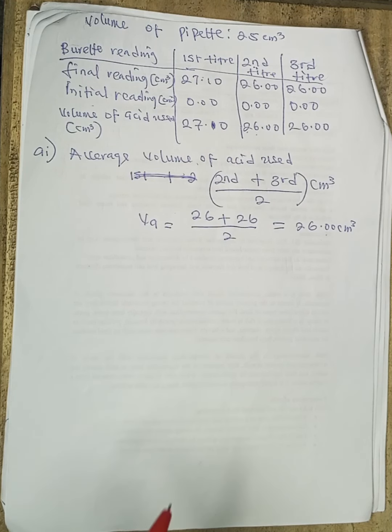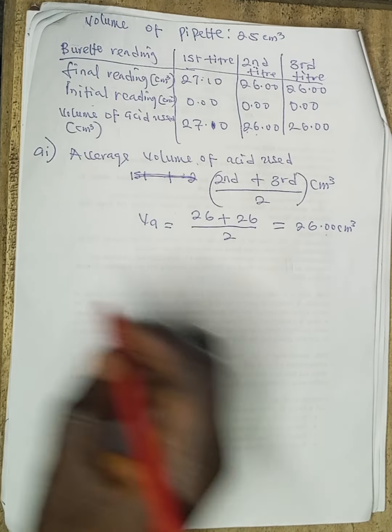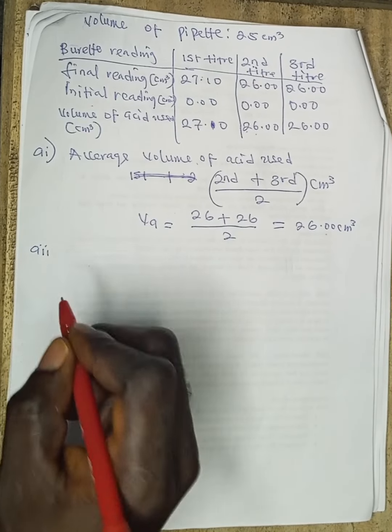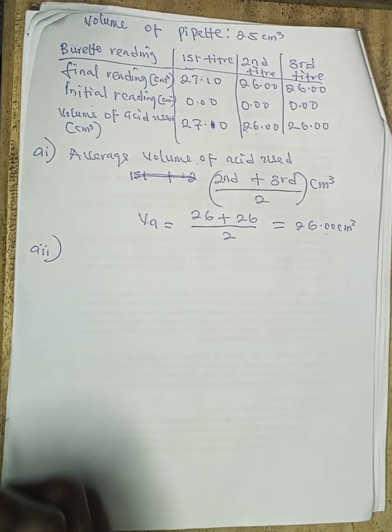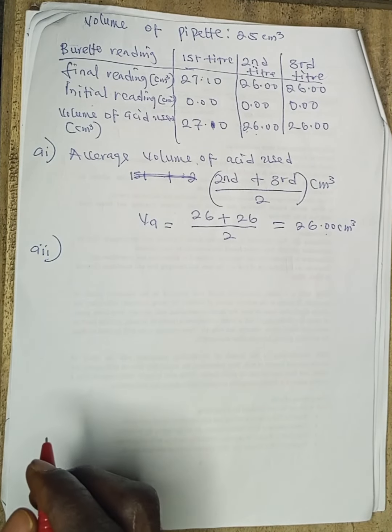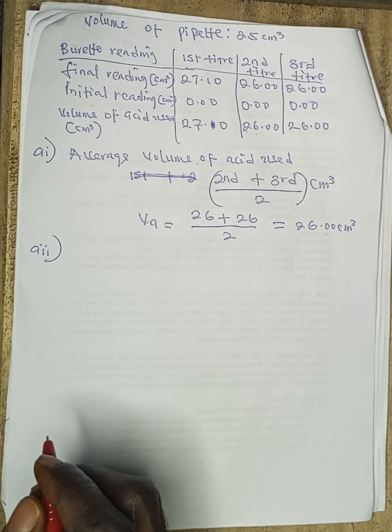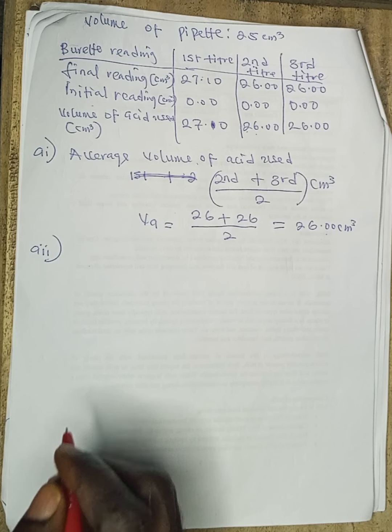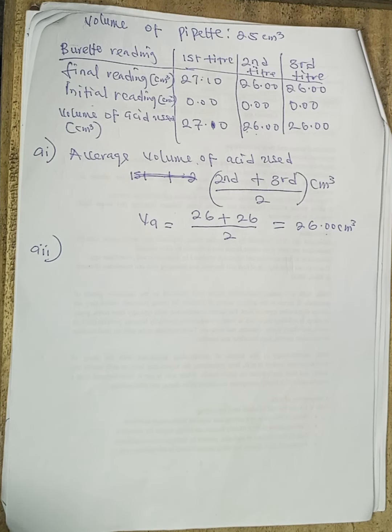The next thing you are asked is question AII. Under question AII, you are asked to state the pH of solution A before titration, the pH of solution B before titration, and the pH of solution at the end point. What are their pH?